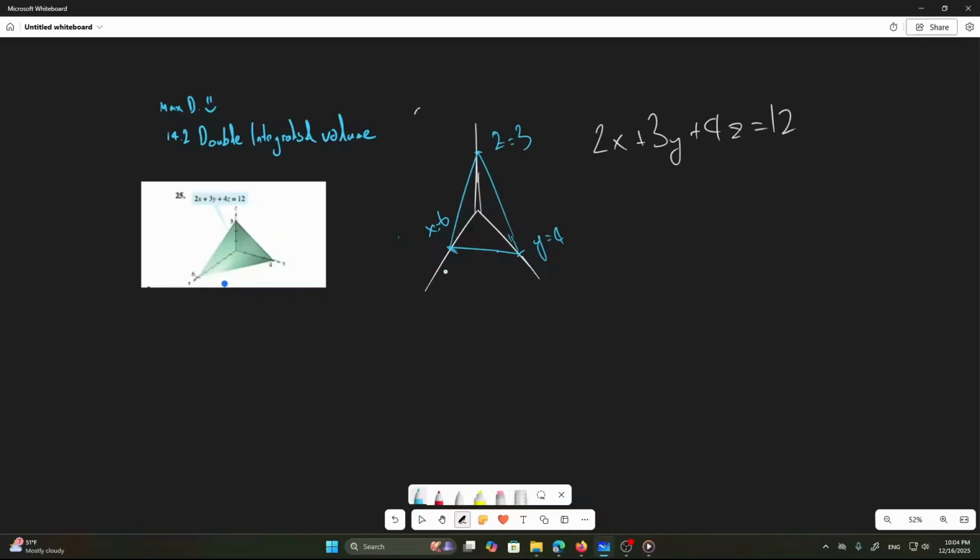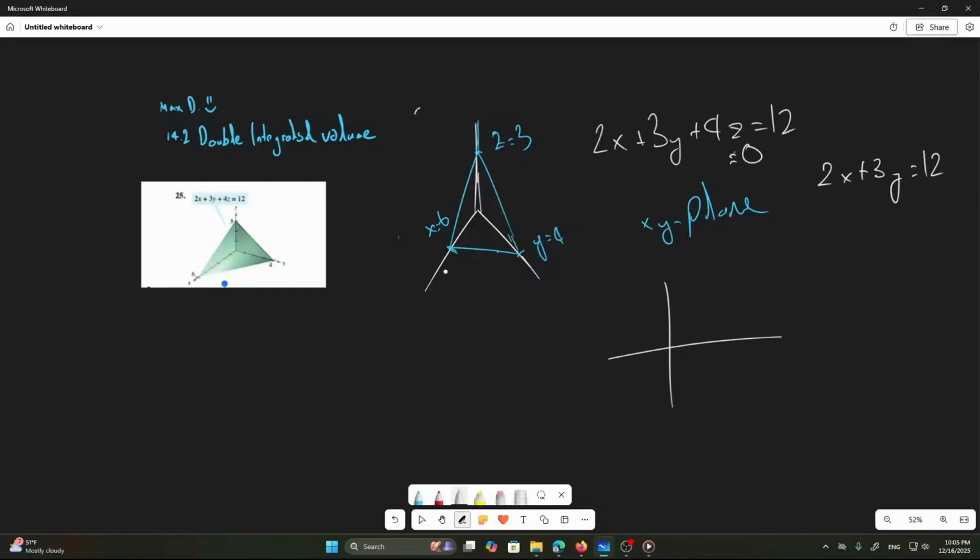So how I would approach this is, first, let's forget about the z-axis and just picture this on the xy plane, at z equals 0. Here we can set z equals 0 and get the equation 2x plus 3y equals 12, which is the cross-section at the xy plane when z is equal to 0.